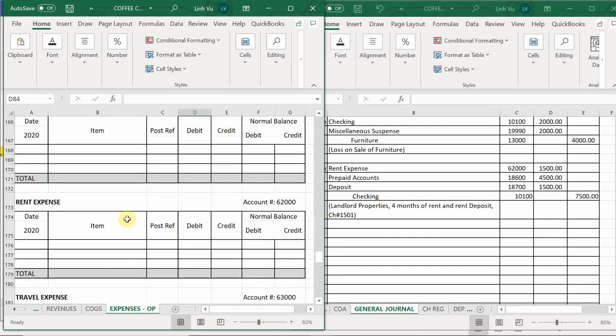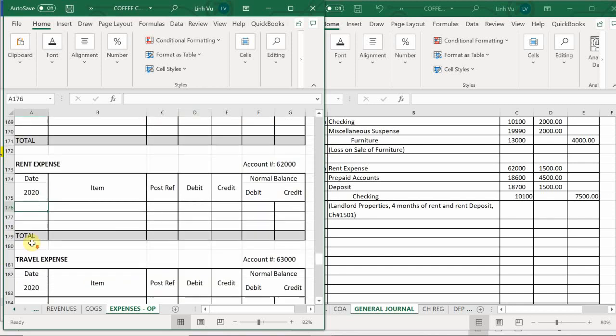All right, I found my rent expense, account number 62,000. It is for the month of June. June 5th. What you can write here is rent expense for month of June.